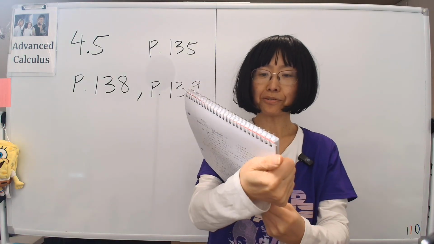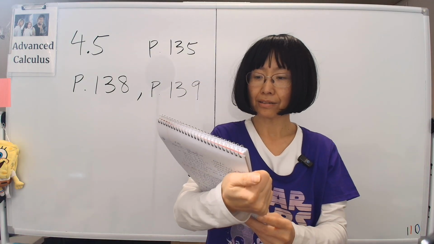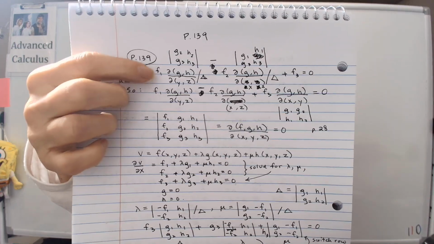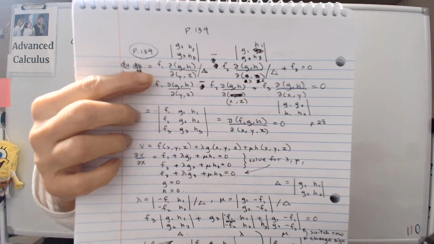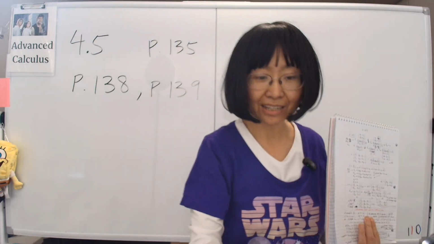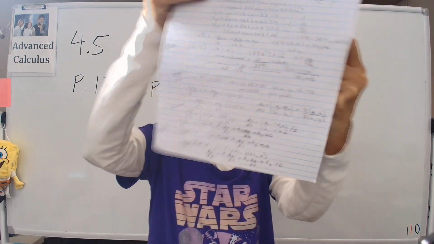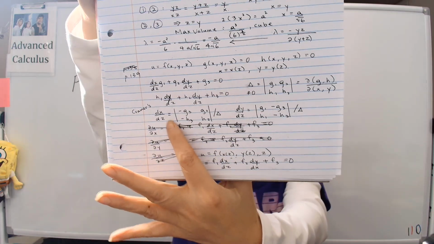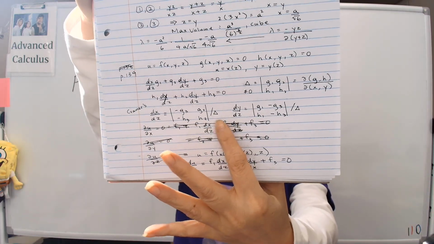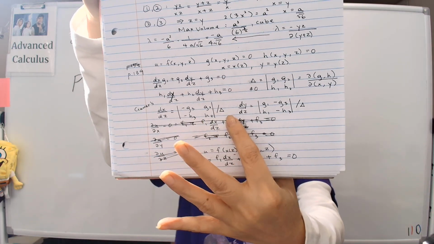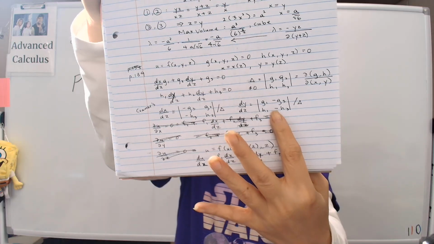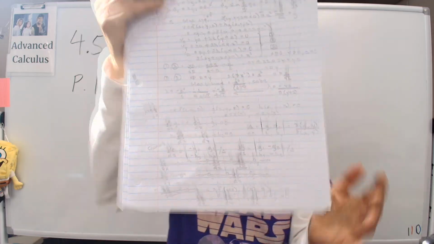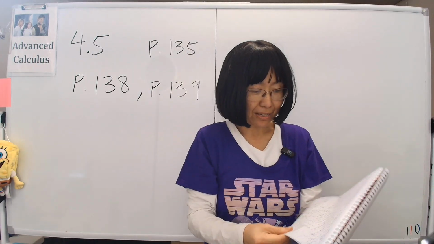Continuing, du by dz we can write as this, and that's from the previous page. The reason this is complicated looking is because dx by dz is a determinant divided by something, a Jacobian divided by something. dy by dz is also that. So when you plug it in, it looks fairly complicated.